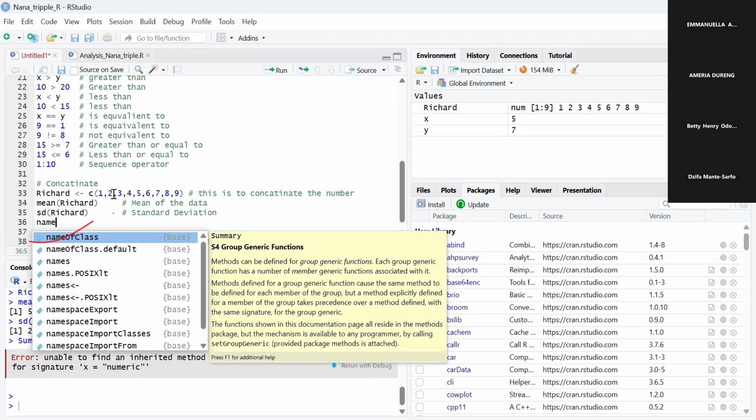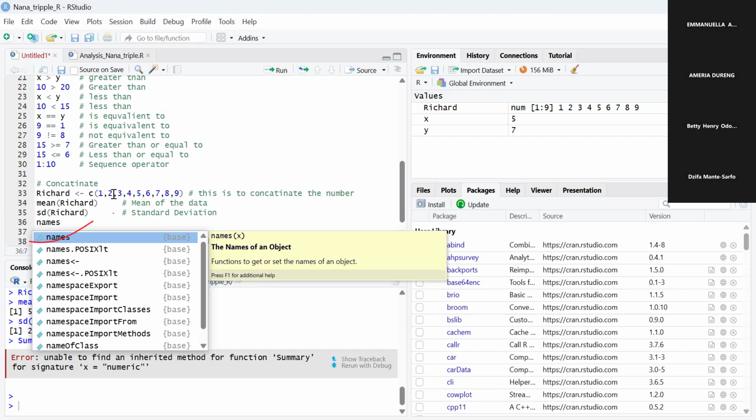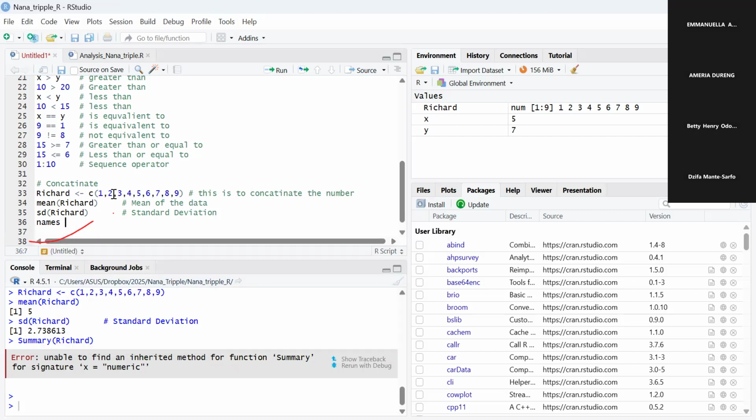I'll just say the names should also be concatenated, maybe Kofi, Mensa.